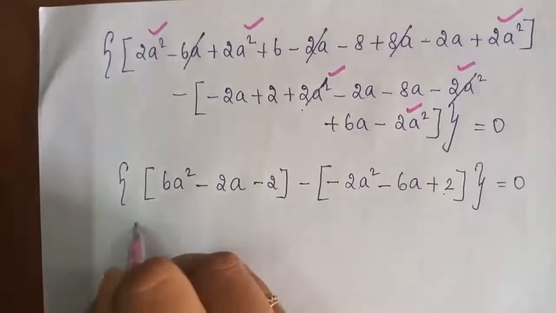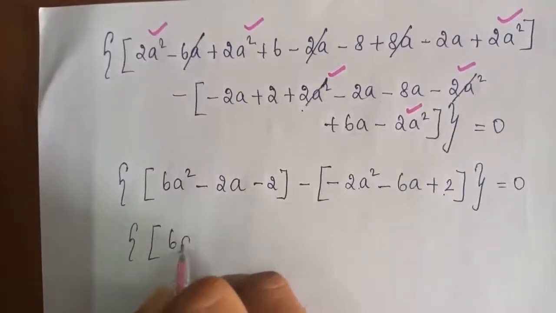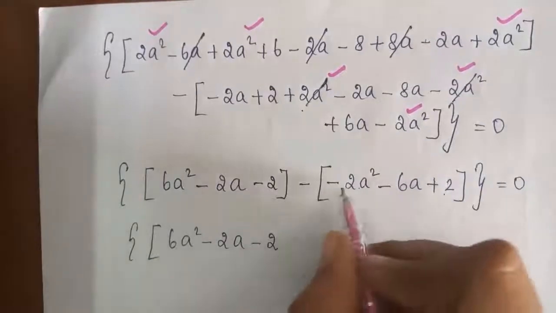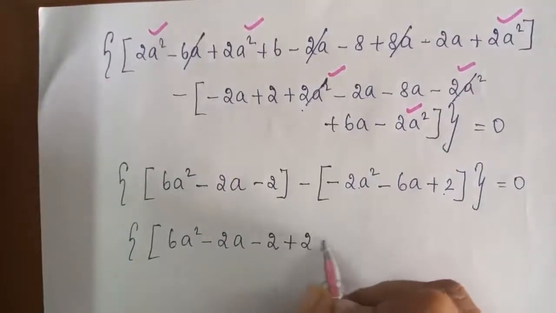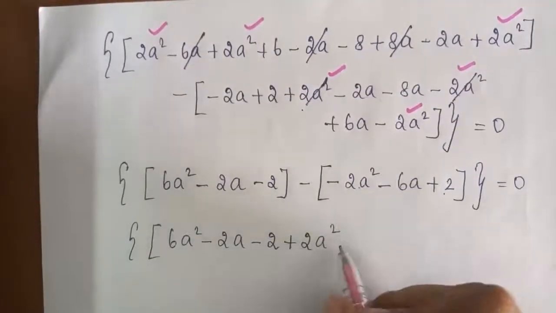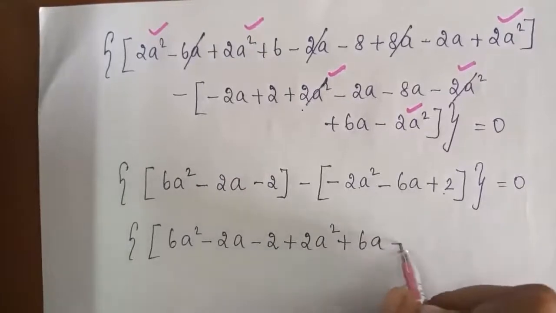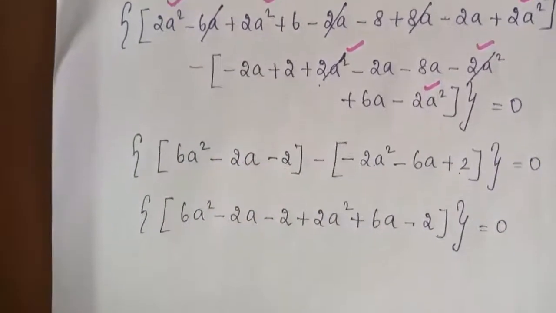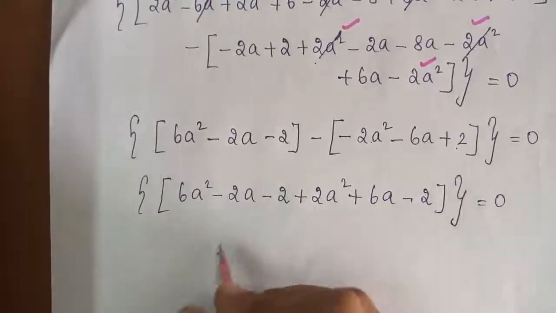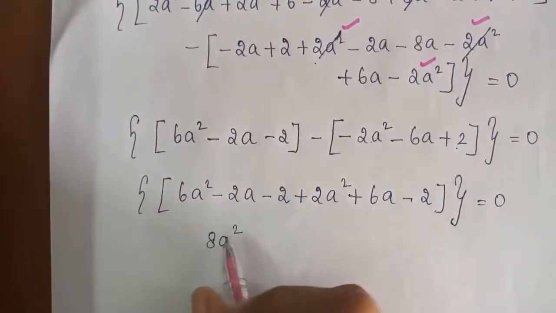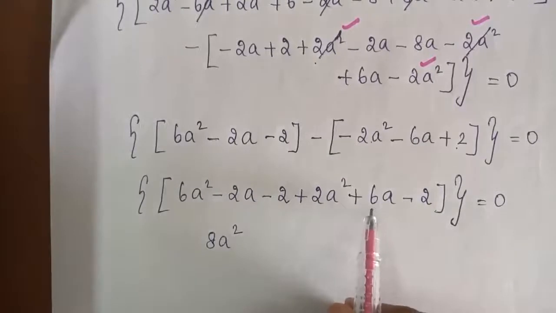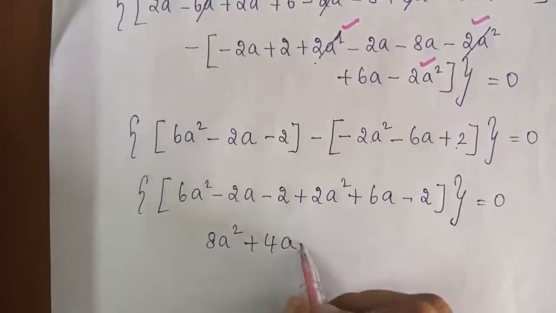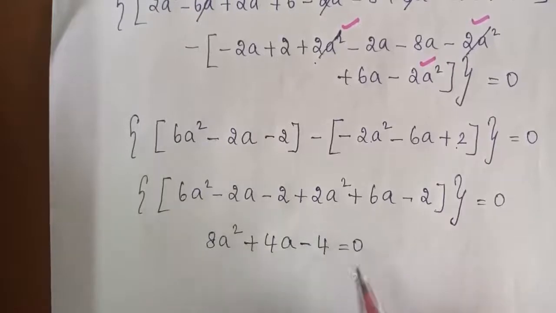The next step is 6a square minus 2a minus 2, minus into minus plus 2a square, again minus into minus plus 6a minus 2, which is equal to 0. So 6a square plus 2a square is 8a square, minus 2a plus 6a is plus 4a, minus 2 minus 2 is minus 4, equal to 0.